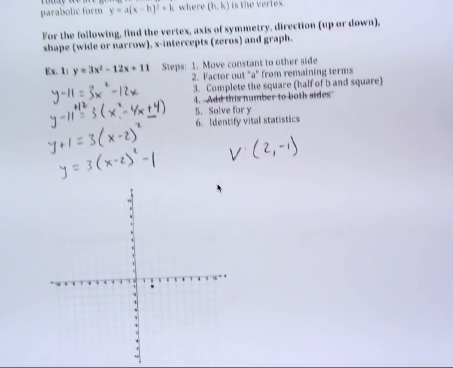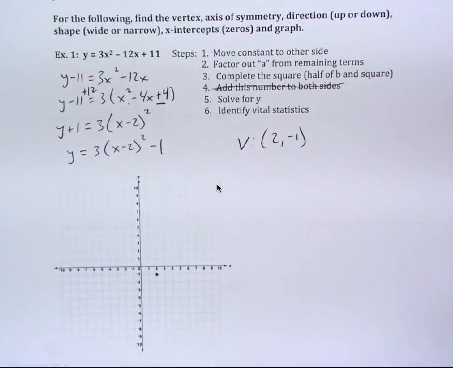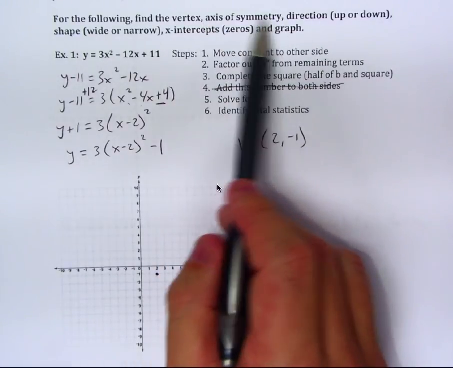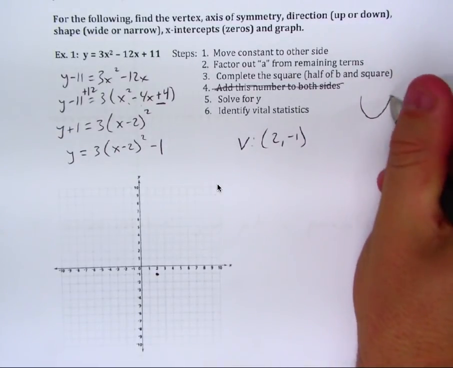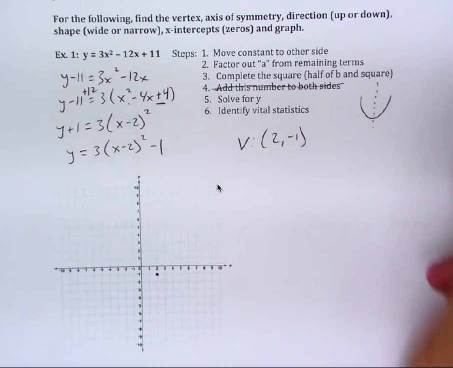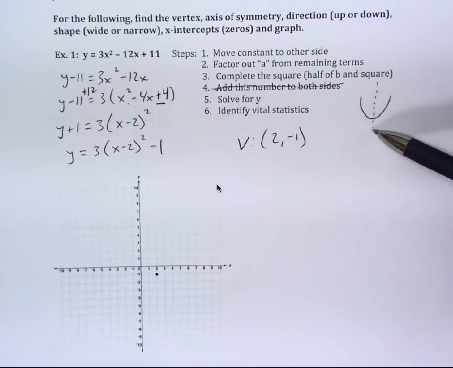Let's see what else it asks us to find. The axis of symmetry. We haven't really talked about that yet. Hopefully in Algebra 1 maybe you did a little bit, but remember every parabola is symmetrical, which means if you have a parabola, there's some line that cuts your parabola in half. And if you have a parabola that opens up or down, it's a vertical line.